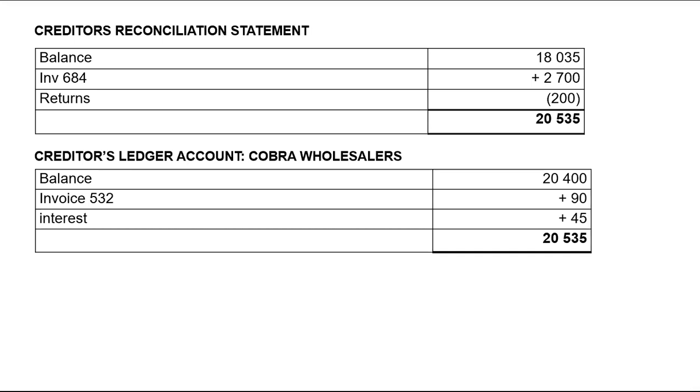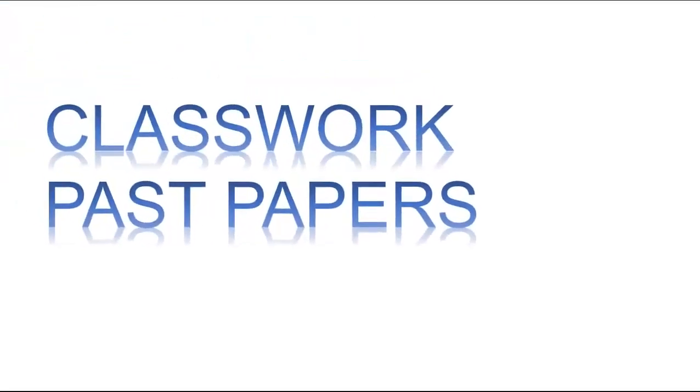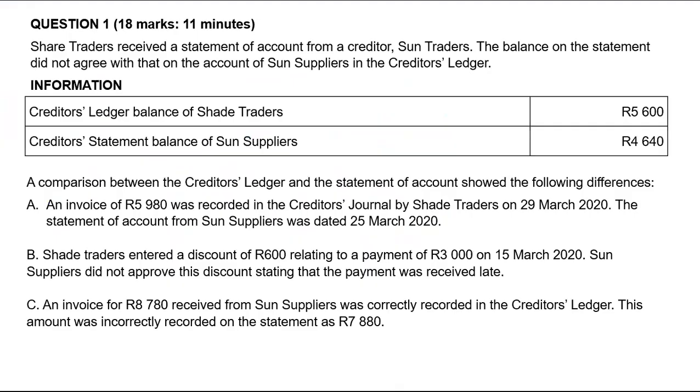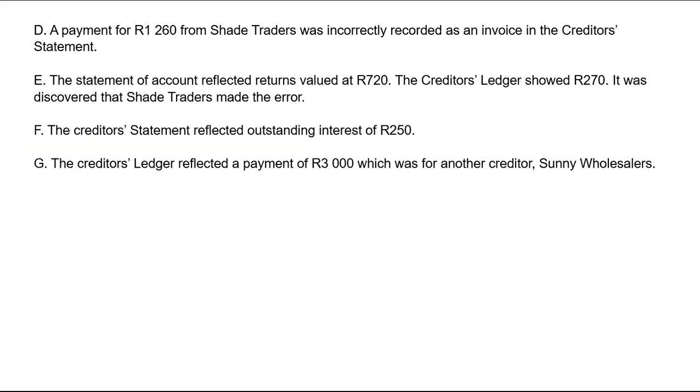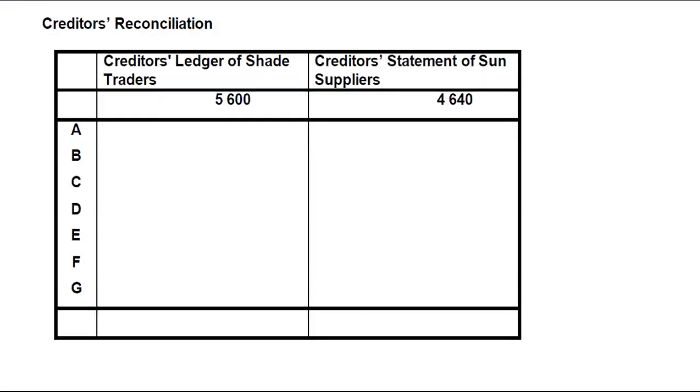All right. Try more classwork. We're going to be doing this in the next video. This is the classwork that you must try out. You need to prepare this. It's from a past paper, as you can tell.